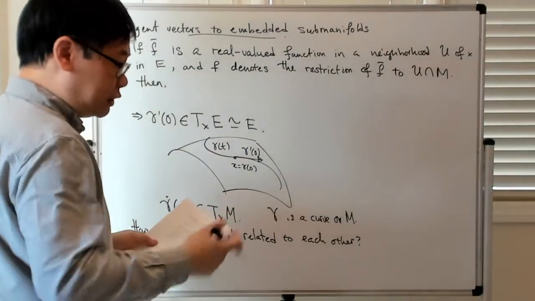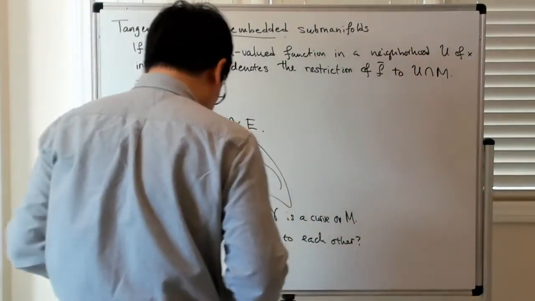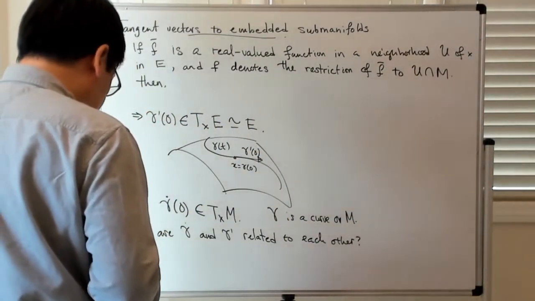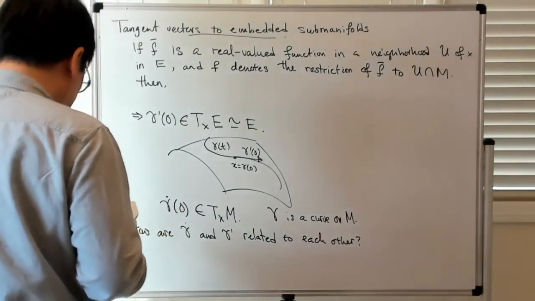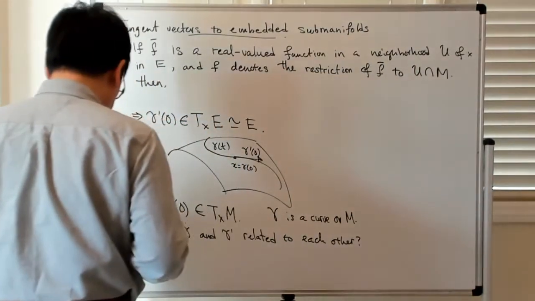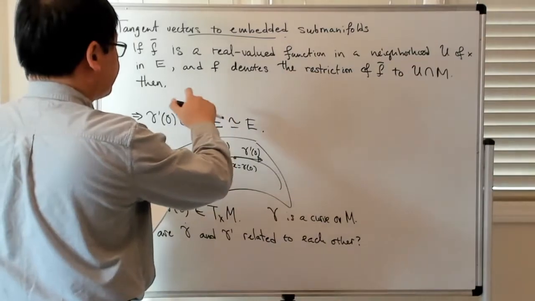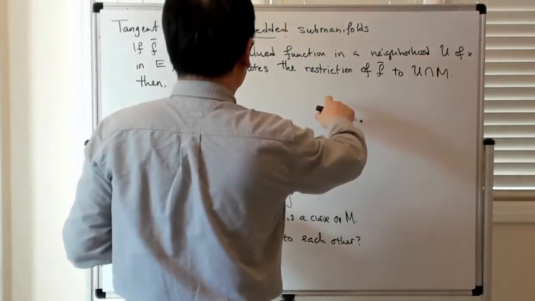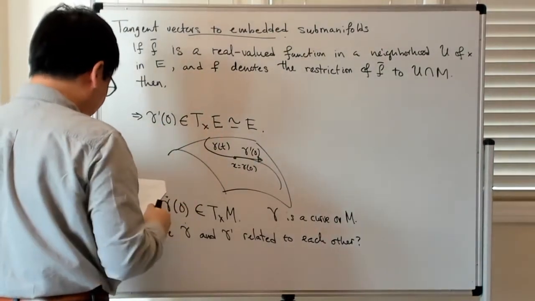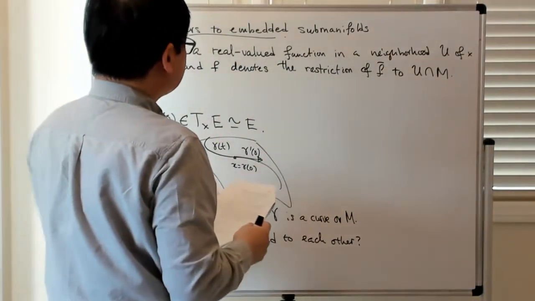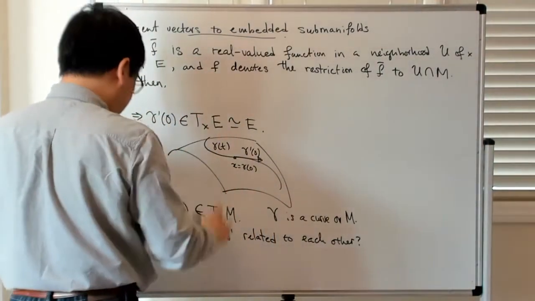So these act on functions and they satisfy a Leibniz-type property. And we want to compare it to how gamma prime acts on f bar. So what we have is the following.